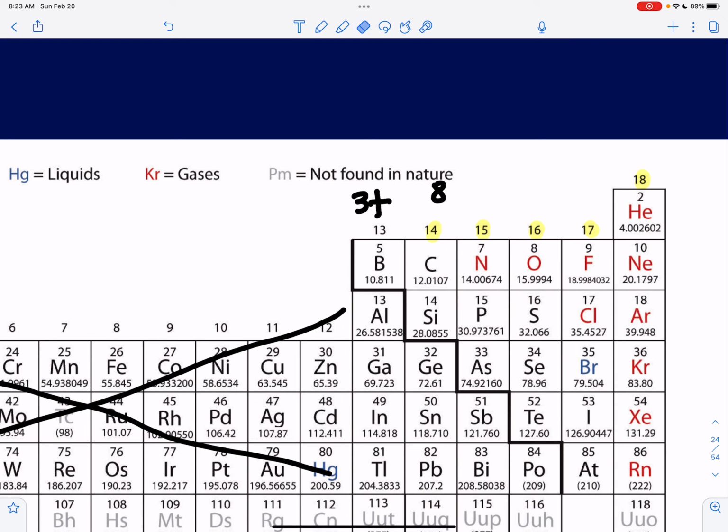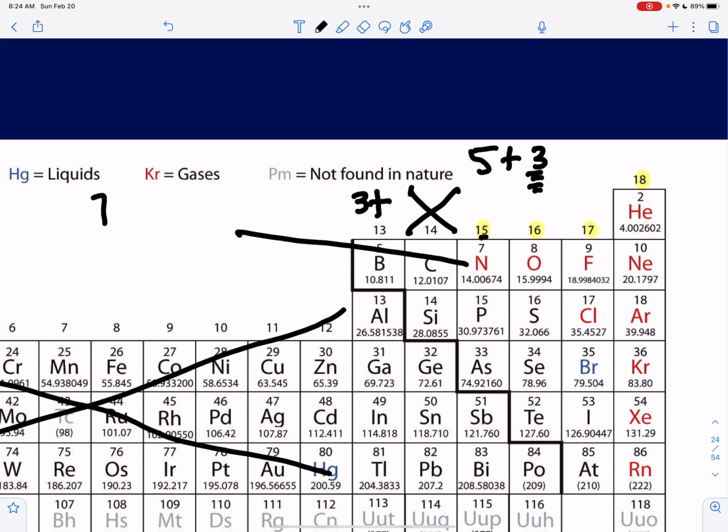In the case of carbon, it's going to be 4 and 4, so that's why we don't even go there. So we don't do that one. However, in the case of nitrogen, it has 5 valence electrons, so it can gain 3, or it can lose 5. The easiest thing is always the smaller number, so it's not going to lose 5, it's going to gain 3. So nitrogen with 7 protons and 7 electrons just gains 3.